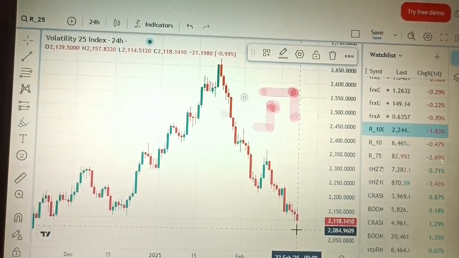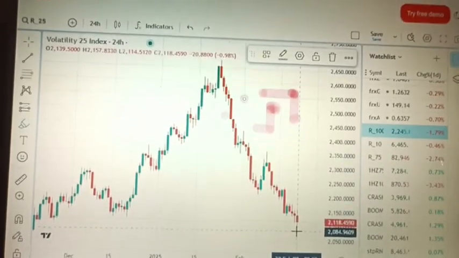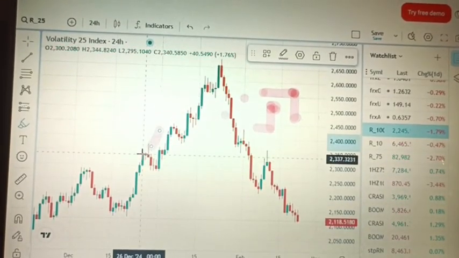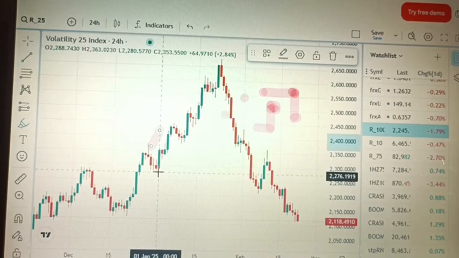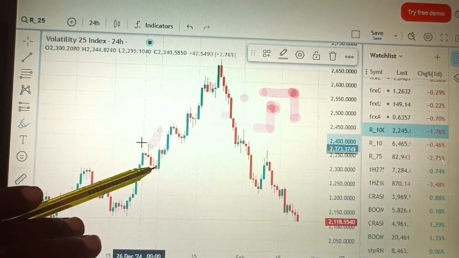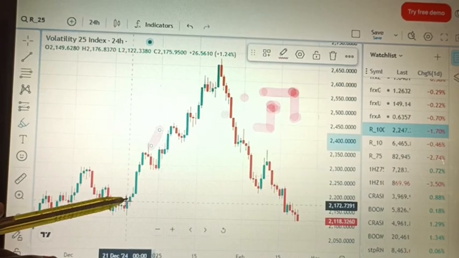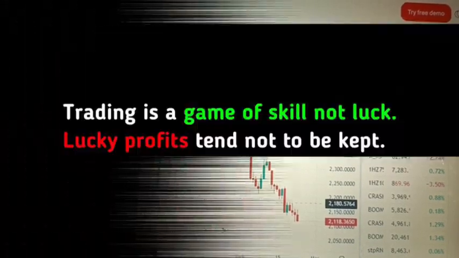You understand? Let's say you went and bought around this side. This whole thing would have finished you. Because immediately you bought, these people took over. But if you are lucky enough, maybe you bought from there, but we don't do luck in forex trading.